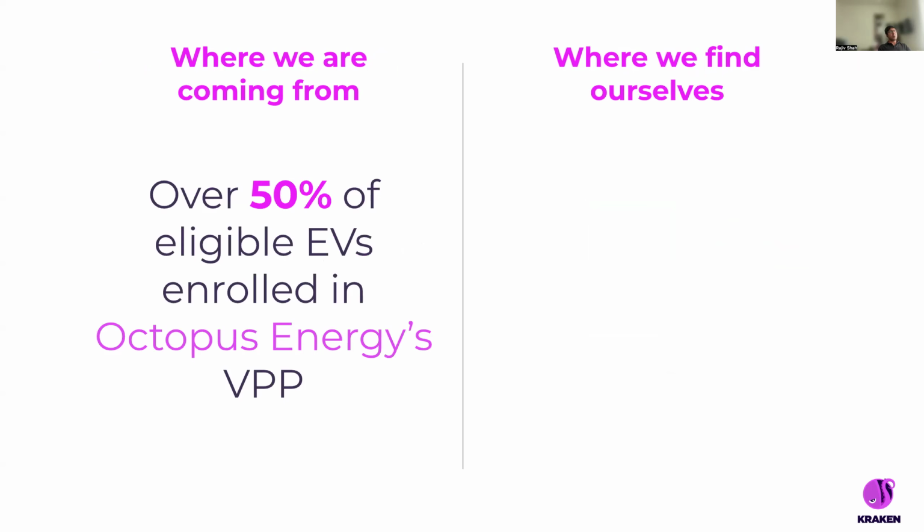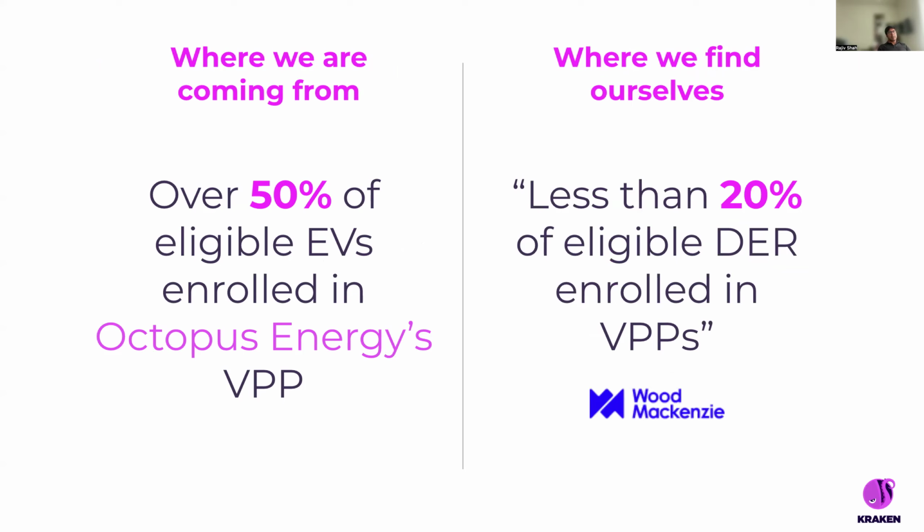we're doing right now. And so where we're coming from as an organization is that we have over 50% of eligible EVs enrolled in our VPP. Whereas looking across the country, by and large, you have 20% or less of eligible DERs enrolled in VPPs or demand response programs today through existing utility or third-party platforms.